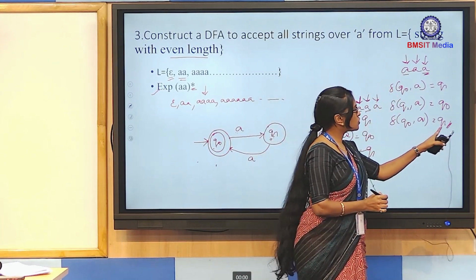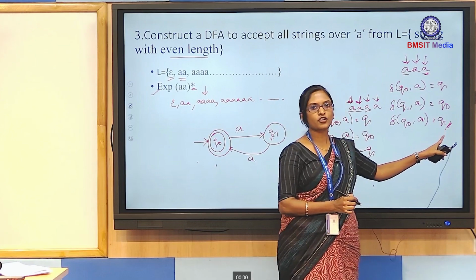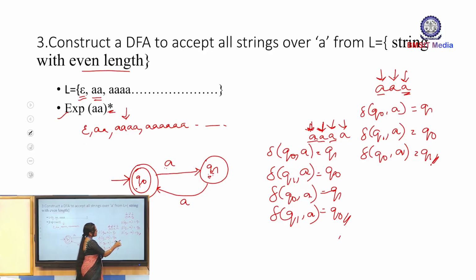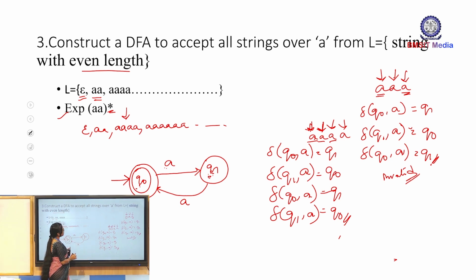At the end of the input string, we can see that we are at the state Q1, which means that the string is not accepted here. So this is invalid. It rejects the string. And that's because at the end, after accepting all the inputs that are present here, it has not reached the final state. It is in the non-final state. So this is the explanation for the third problem.